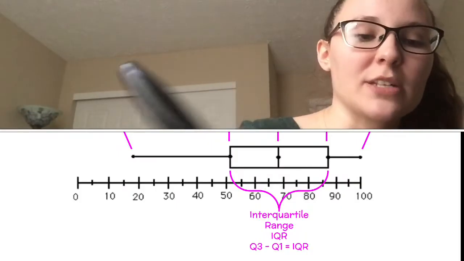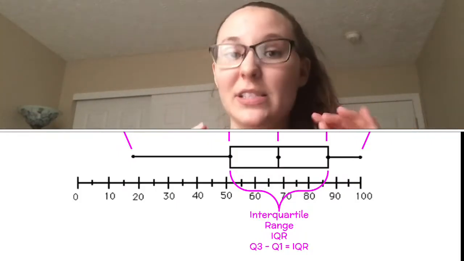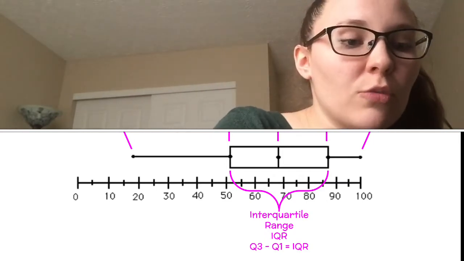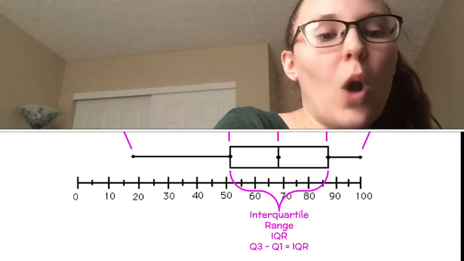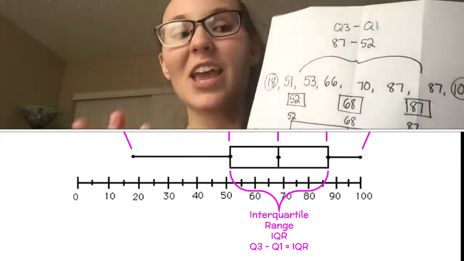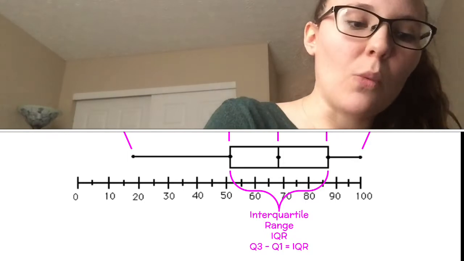So to find the interquartile range, we are going to do the upper quartile minus the lower quartile. And remember, the upper quartile is sometimes called Q3. So I'm going to do Q3 minus Q1. 87 minus 52, which equals, well, what does that equal?